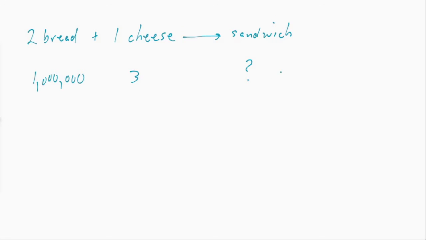The answer is we can make 3 sandwiches. Why? Because we're limited by the cheese. We have plenty of bread, excess reactant, but we're limited by the cheese. This is the limiting reactant.